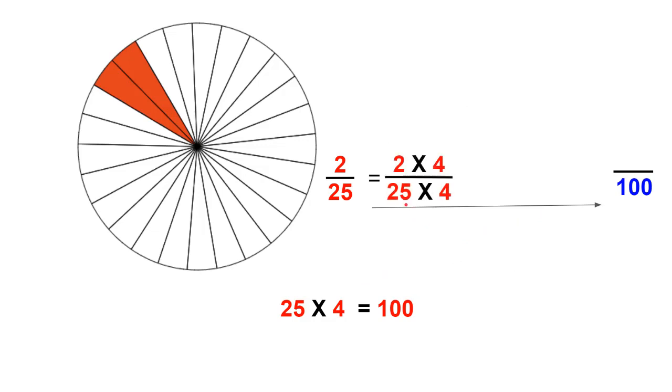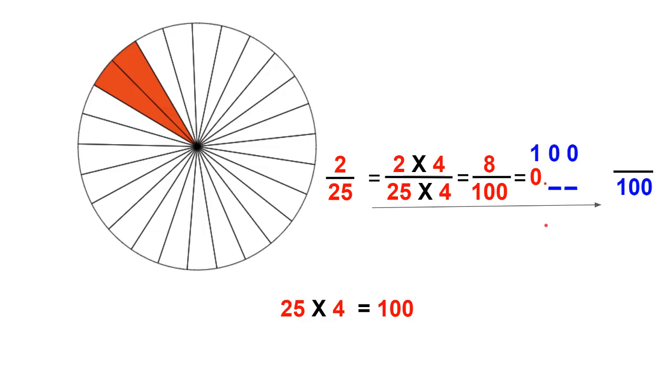And we multiply 25 by 4 and the 2 by 4. We will perform the same action on the denominator and on the numerator. And we get 8 over 100. 8 is smaller than 100. So we write 0 point, and since 100 has 2 zeros, we put 2 placeholders.